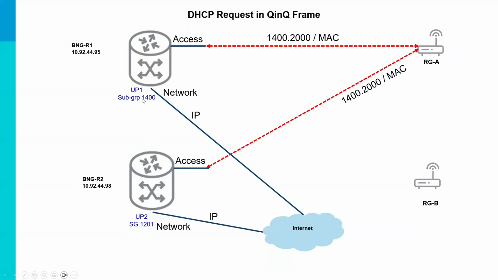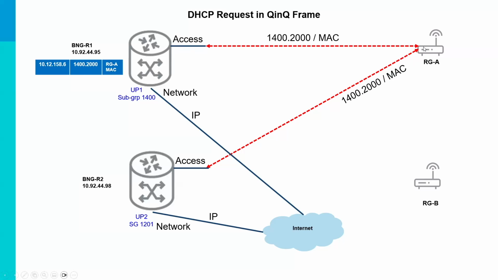So UP1 says, oh, 1400, that's me. And so it says, okay, I'm going to put into my table 1400, 2000, the MAC address of RGA, and I'm going to assign you an IP address of 10.12.158.6. And your next hop is going to be 10.12.158.1. And it sends that back to the RGA.